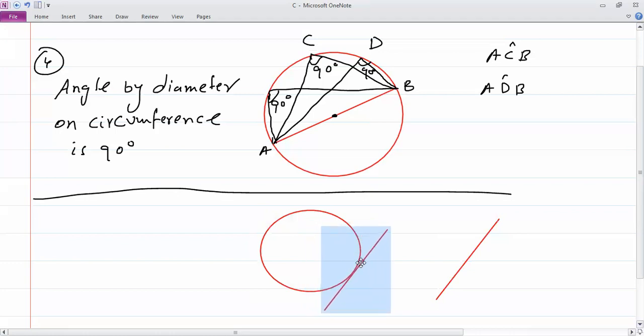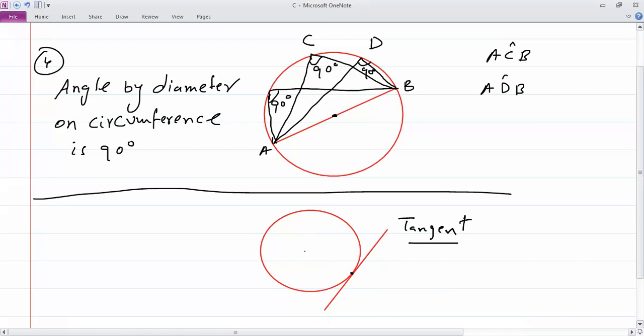If I bring it here, it just touches the circle at one point. Such a line that touches the circle at one point only, we call it a tangent to the circle. The line that touches the circle at just one point, we call a tangent to the circle.